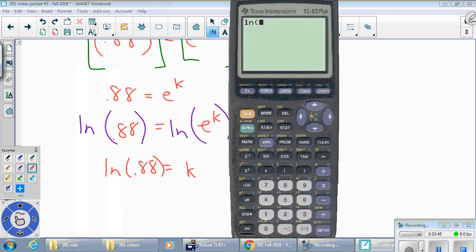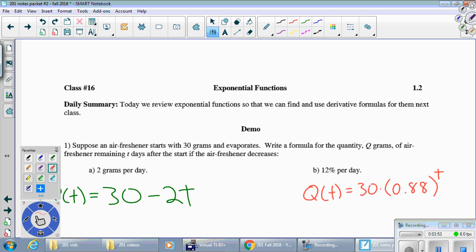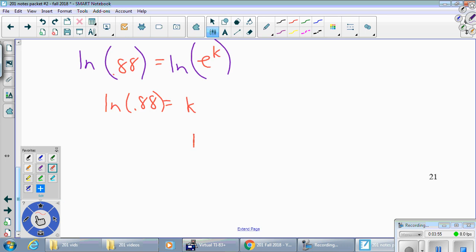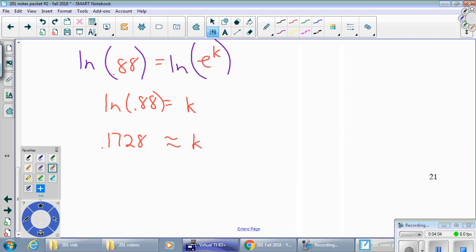ln on the left-hand side there, 0.88. Negative 0.1278. Let's try that again. Okay, that looks good to me.